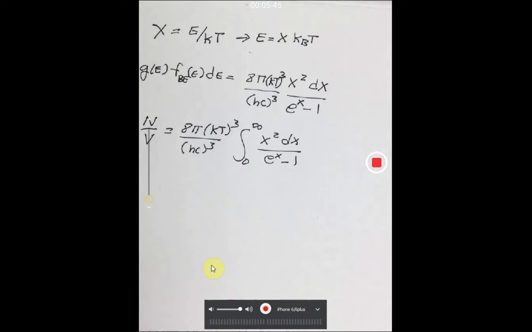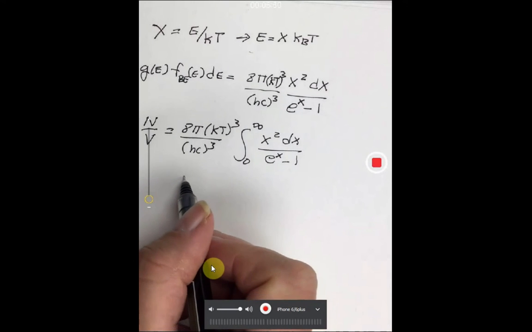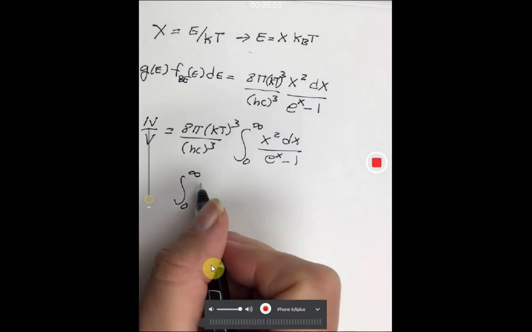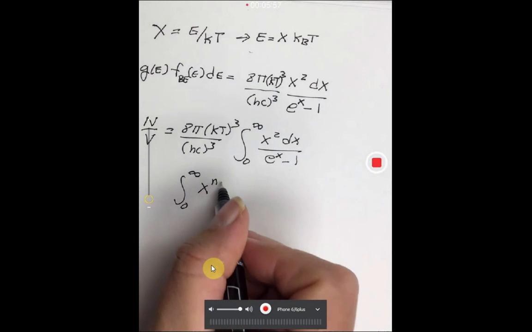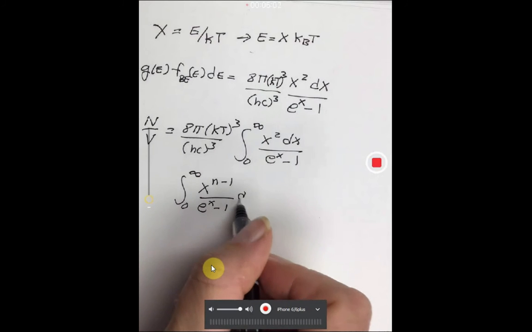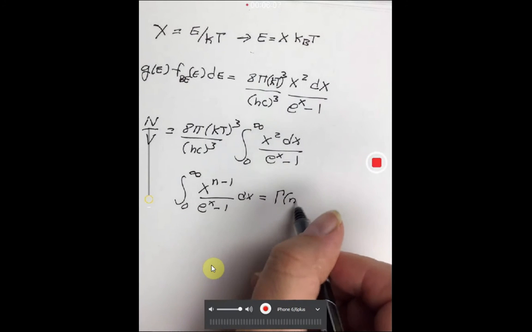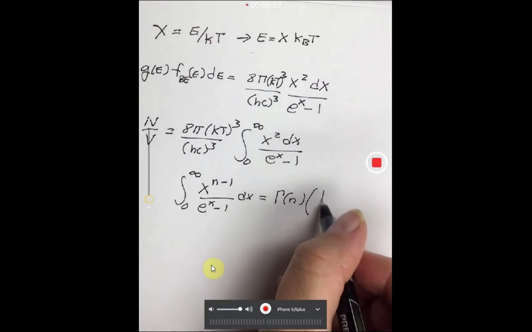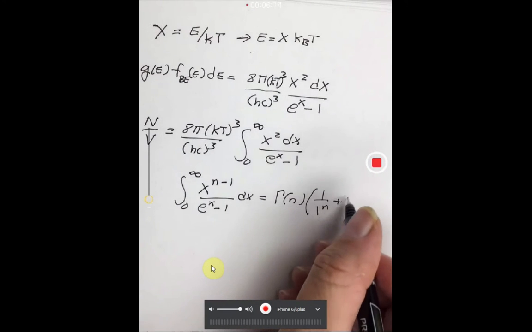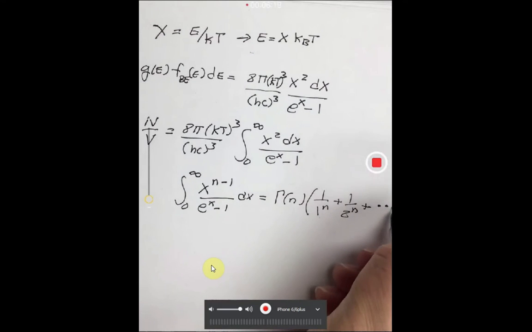Now, if you look in almost any integration table for definite integrals, this is one that you'll see. I'll write it like this: x to the n minus 1 over e to the x minus 1 dx is equal to this, where you have the gamma function, and then you have an infinite series, 1 over 1 to the n power plus 1 over 2 to the n power plus so on.